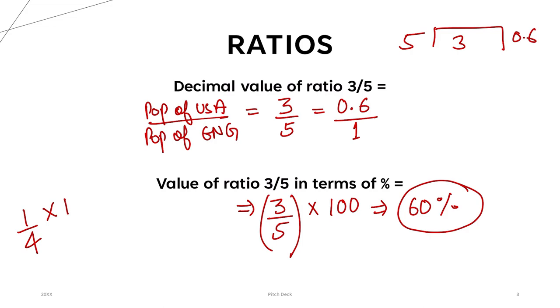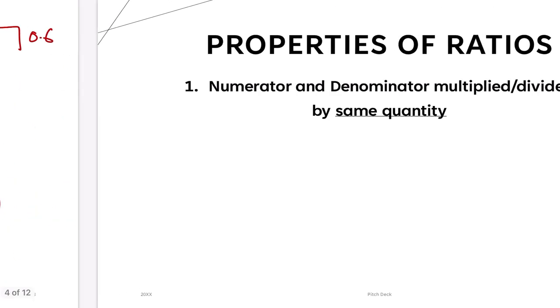If we multiply by 100, we get 25%. This means that if the population of India is 100%, then the population of USA is just 25% of India. I hope this is clear, how to represent it in the form of decimals and percentages.